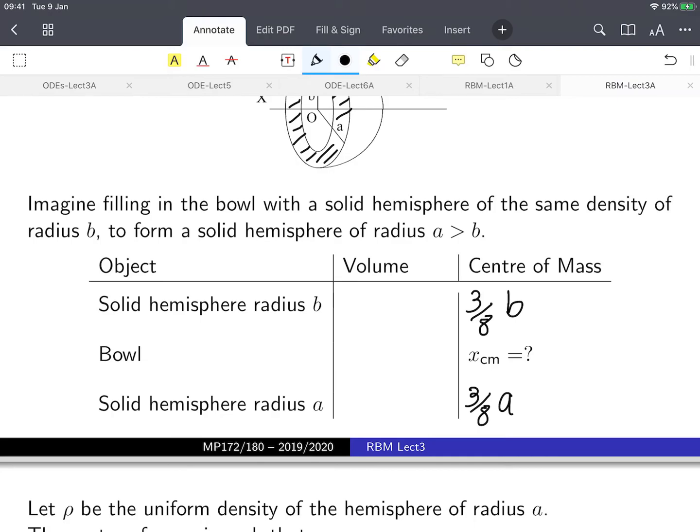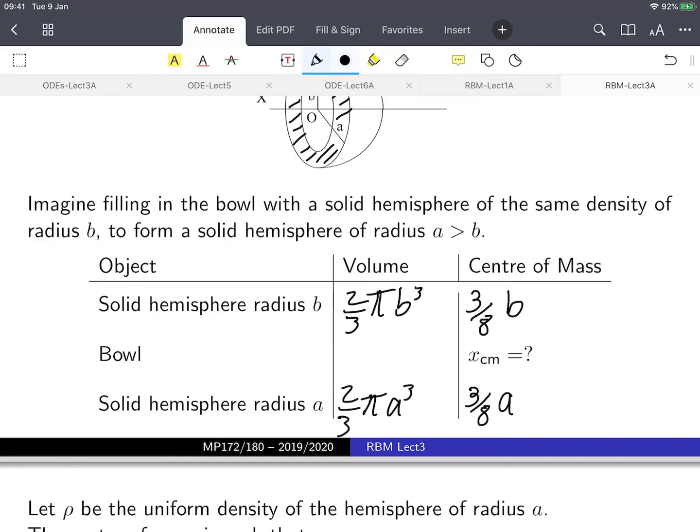So what about volumes? For the hemisphere of radius B, I know that the volume of a sphere is 4/3 pi r cubed, so here it's going to be 2/3 pi B cubed, not squared. Similarly for the other one, 2/3 pi A cubed.